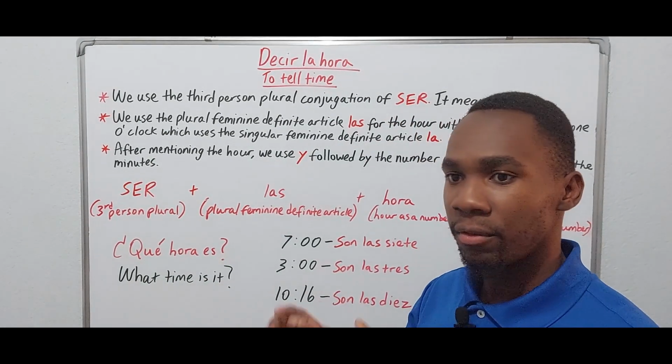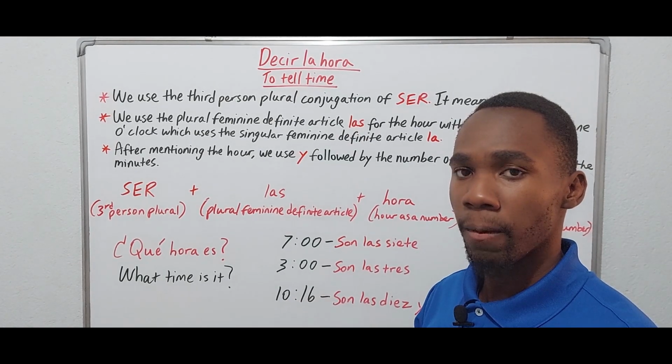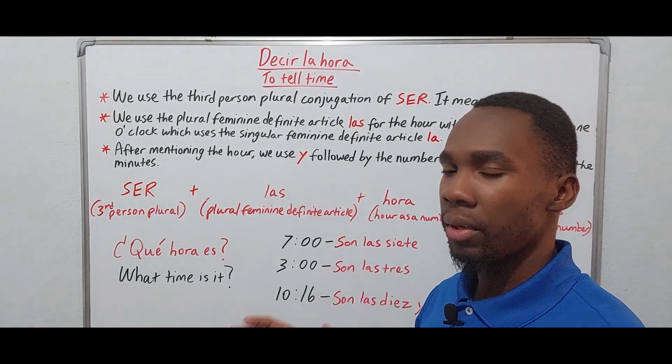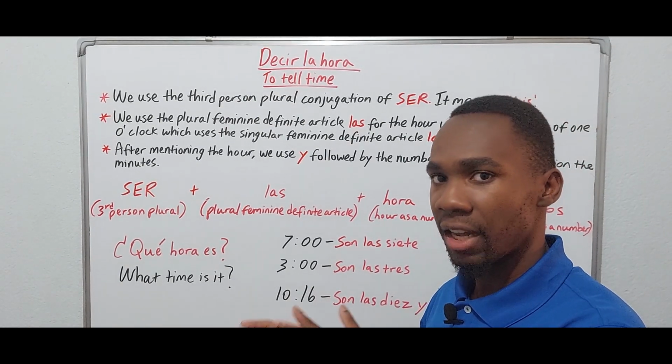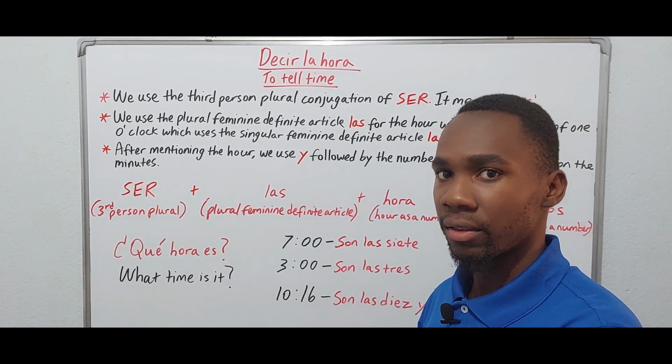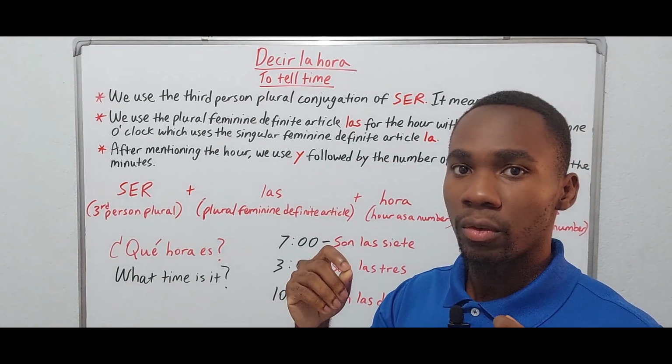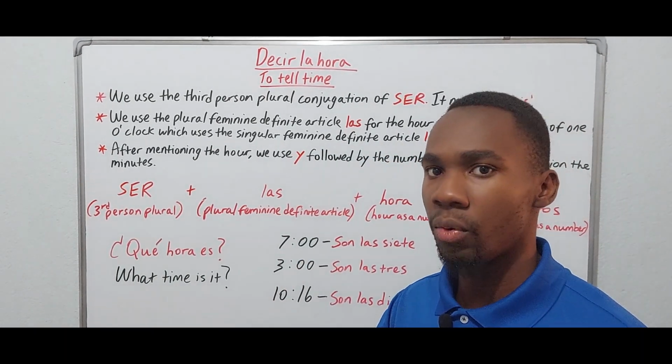So far we have the third person plural conjugation of ser, except for 1 o'clock, plus las, right? The definite article las, okay? So now we get to actually mentioning the hour, okay?